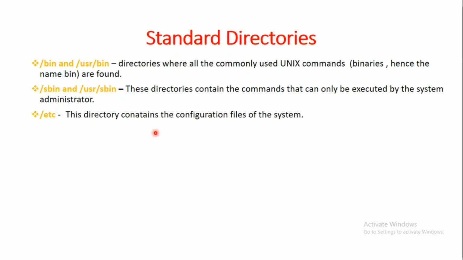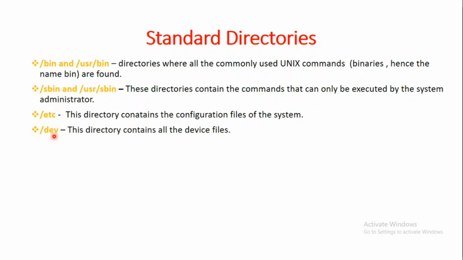This directory contains configuration files of the system, and we can change a very important aspect of the system functioning by editing a text file in this directory. So password and login name related information are found under etc, okay.